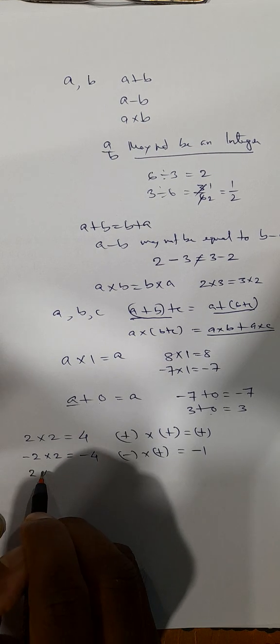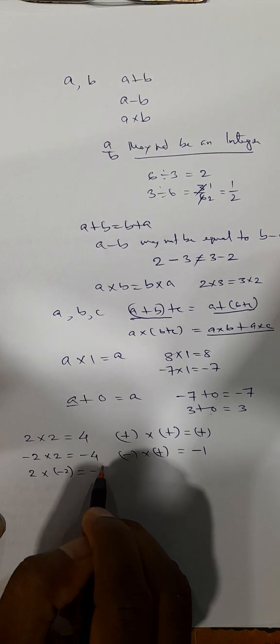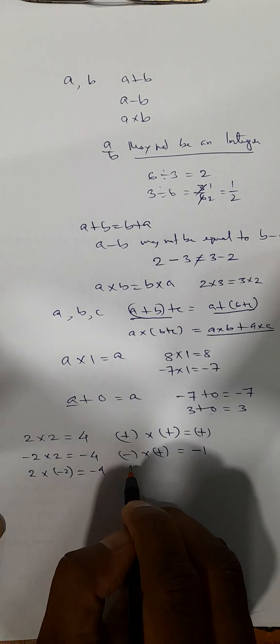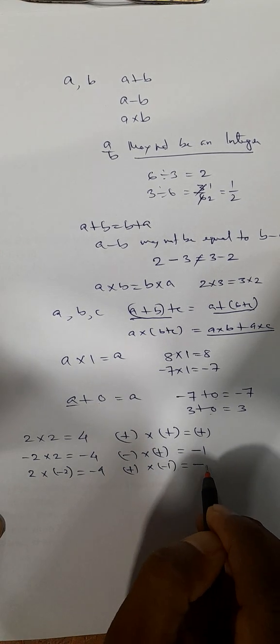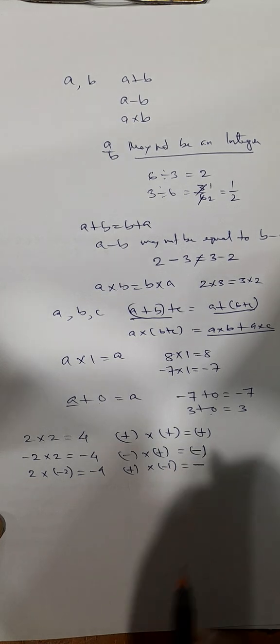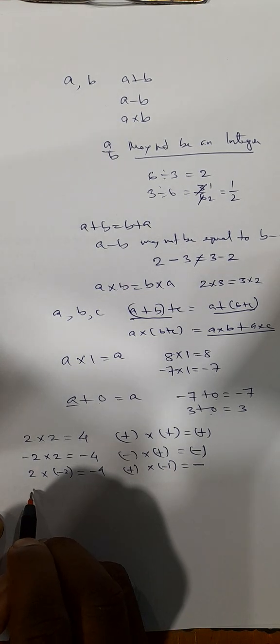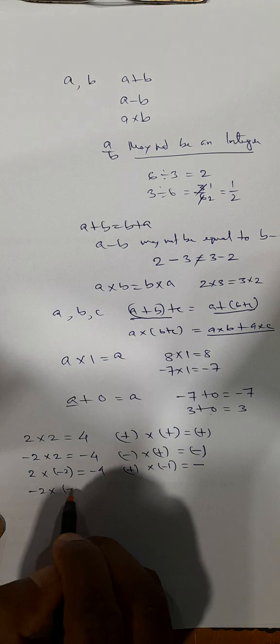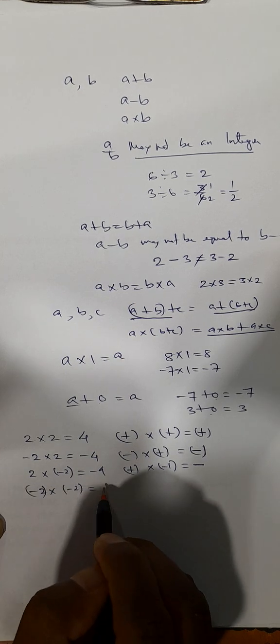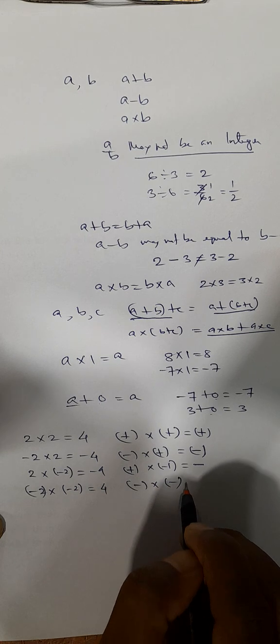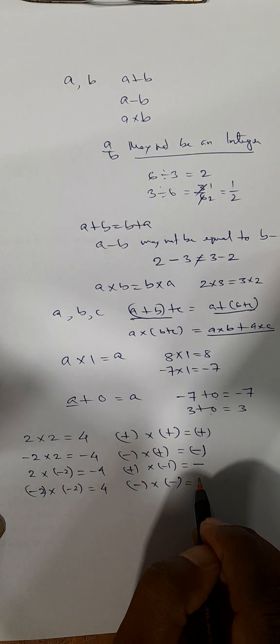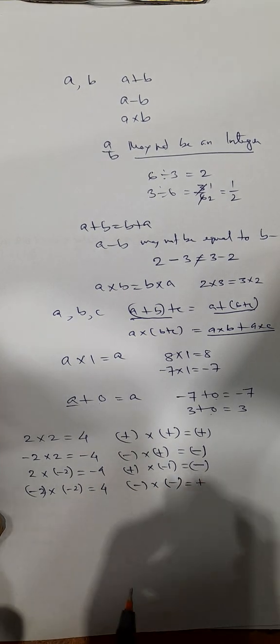Similarly, positive multiplied by negative equal to negative. Similarly, a negative integer multiplied by a negative integer is positive. Minus multiplied by minus equal to plus, right?